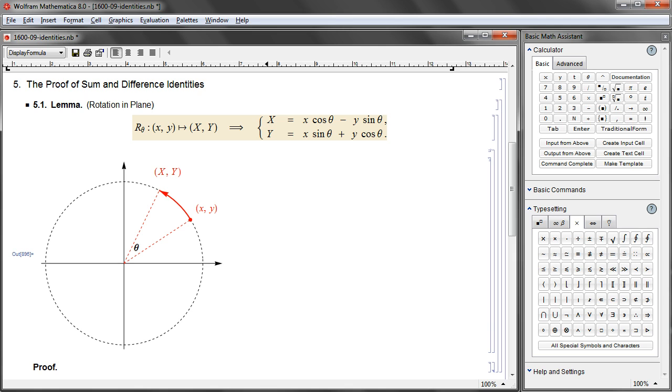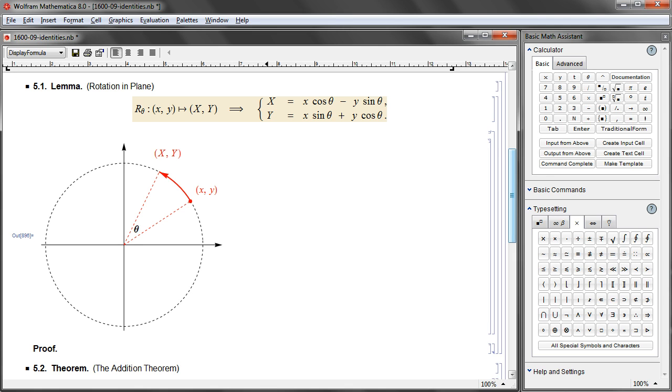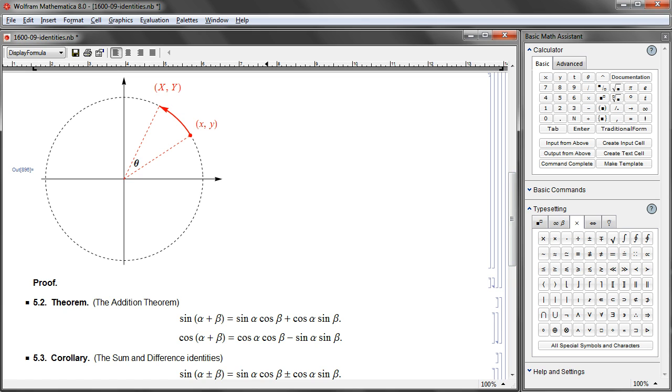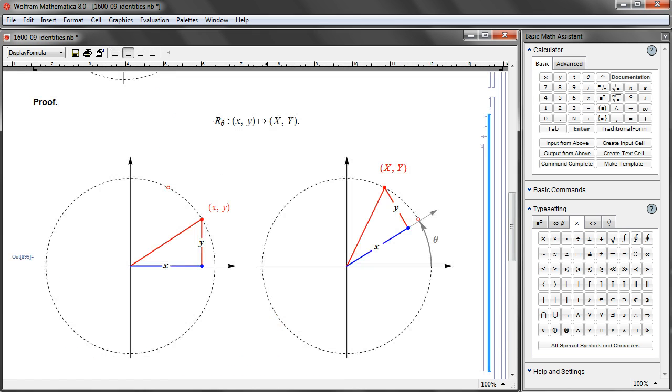Let's do it. One way to prove this, one way to visualize this, is not just looking at these 2 points, x comma y and capital X comma capital Y. Follow these 2 triangles. We have a right triangle on the left hand side, and another right triangle on the right hand side, but those 2 are the same triangle, just rotated by the angle theta.